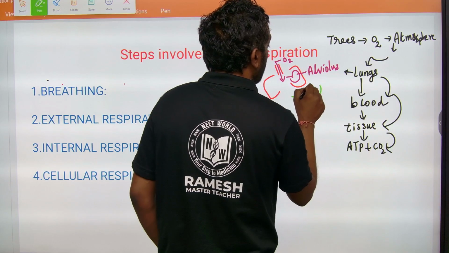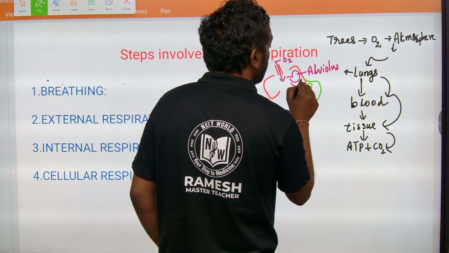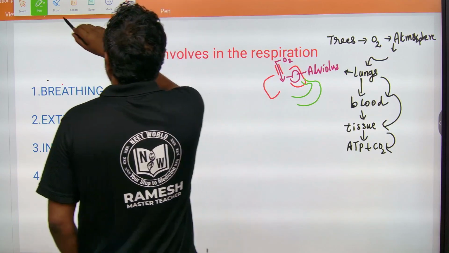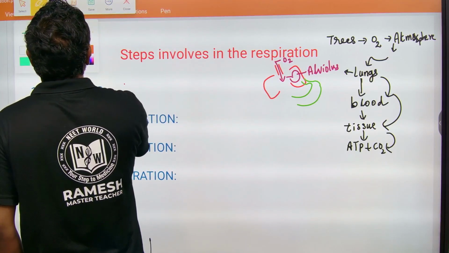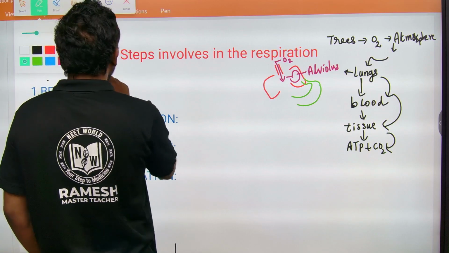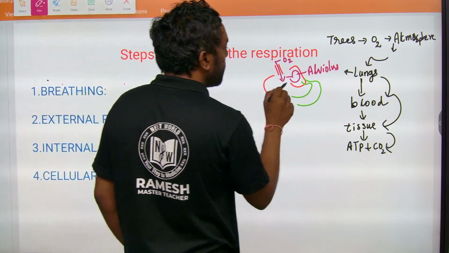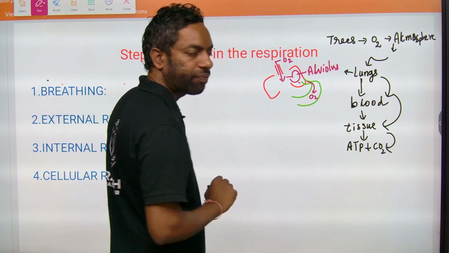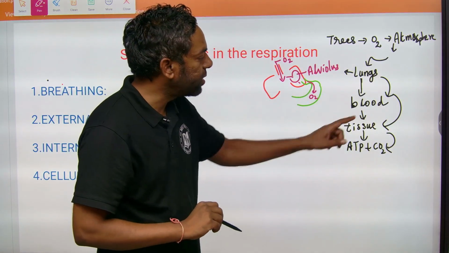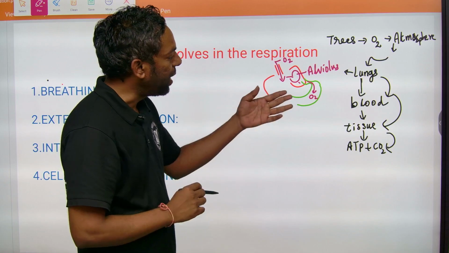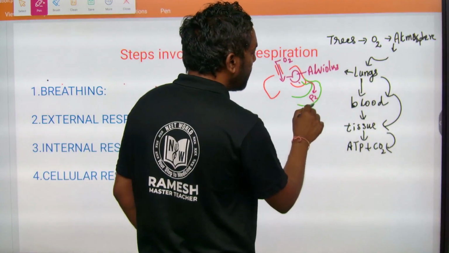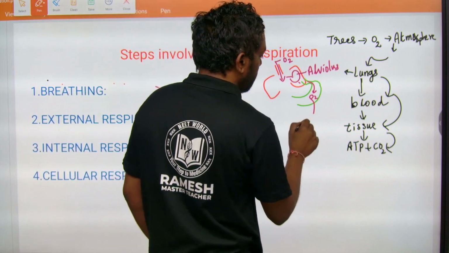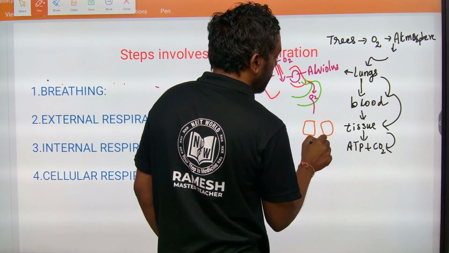The oxygen enters the blood from the lungs, and the blood carries oxygen into the tissue.